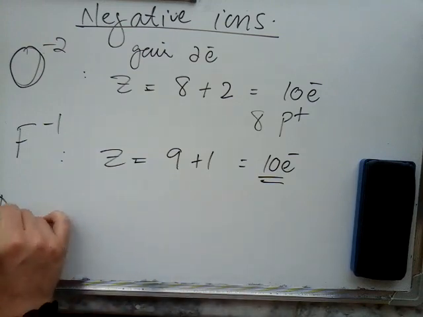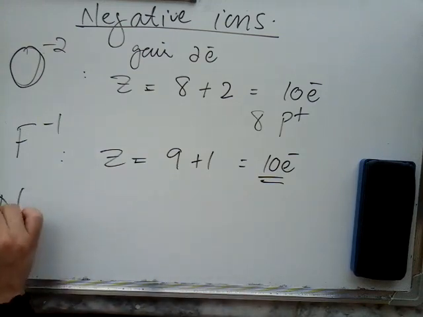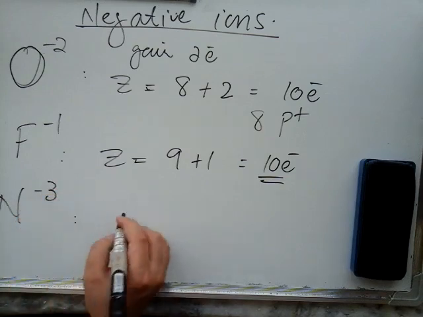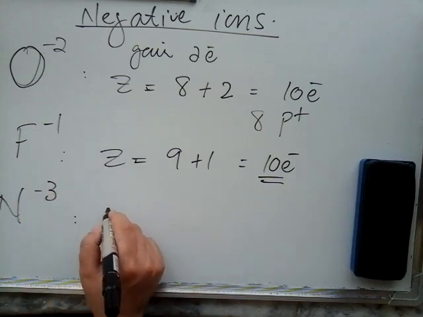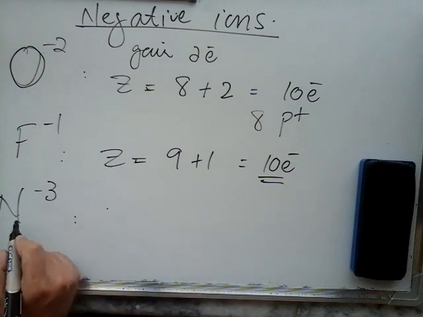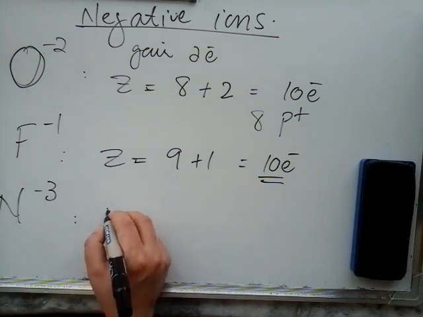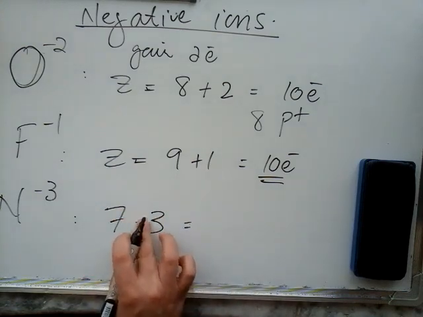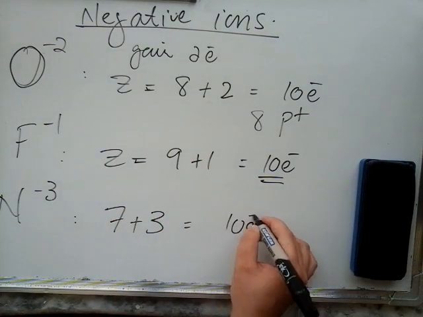For example, nitrogen, mass number is 14 and atomic number is 7. Minus 3 charge means that nitrogen has gained 3 electrons. So 7 plus 3 is equal to 10 electrons.